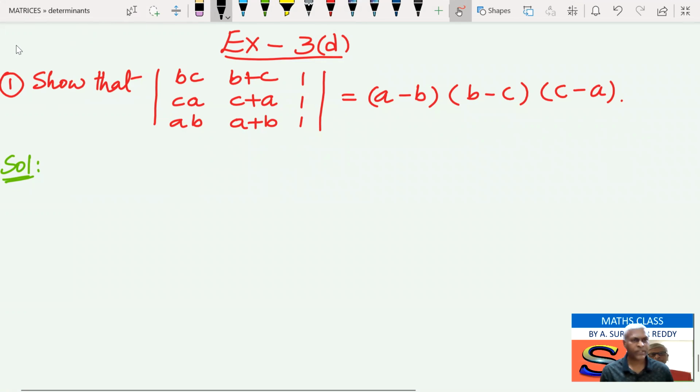Question 2, the first bit. Show that the determinant value is equal to (a minus b)(b minus c)(c minus a).